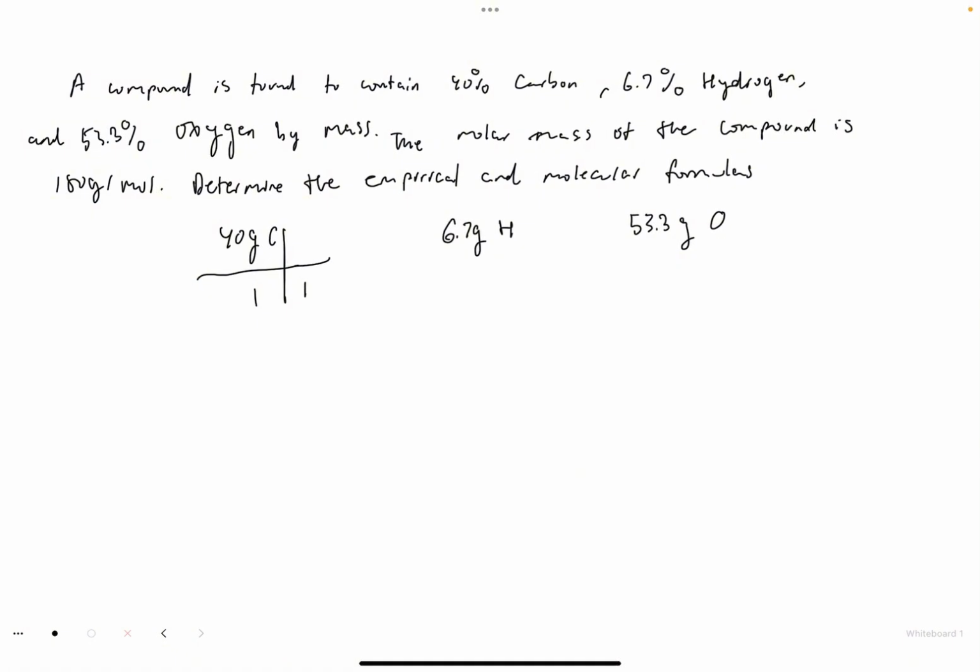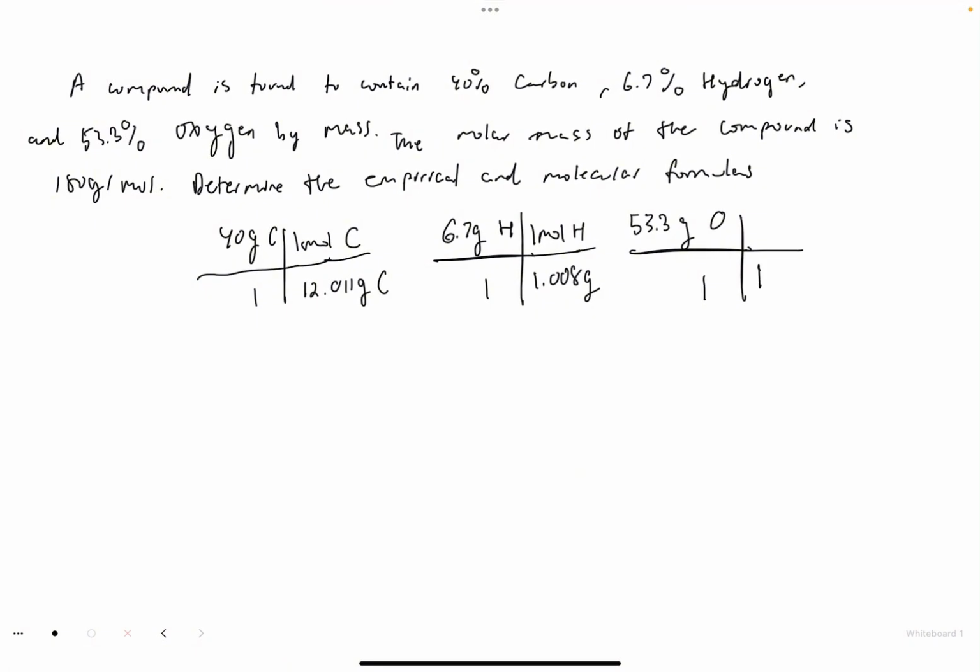So carbon would be around 12, 1 mole of carbon. For hydrogen, and then for oxygen, around 16 grams.